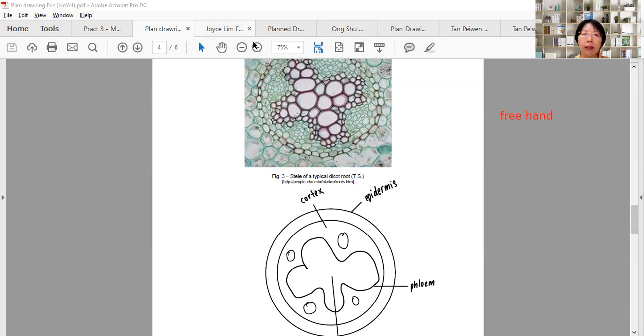Okay. And then I can see that the student is trying to draw as accurately as possible for the xylem. So the orientation is almost okay, but still some improvement needs to be made. Okay, because my xylem is actually this one here. Now for your information, when you draw, you don't have to draw following individual cells like this, like this, going up, down.